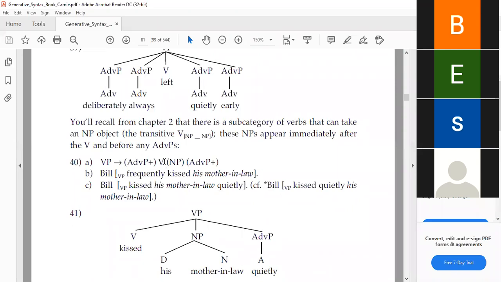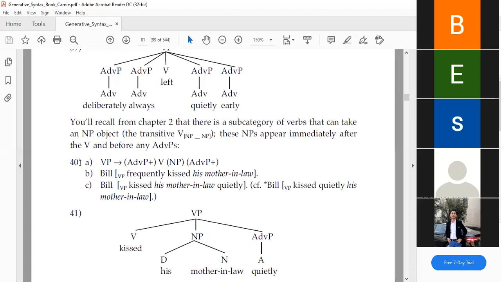Now, if we have an NP object, then this NP must be immediately after the verb and before any adverbs, because the verb is transitive.